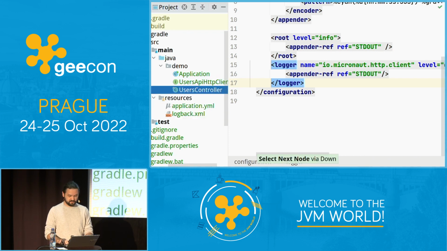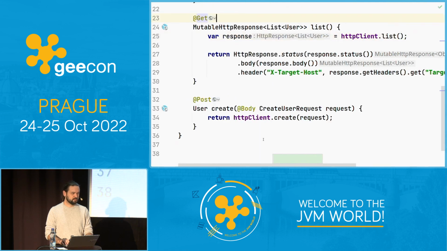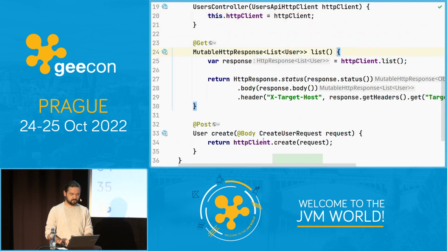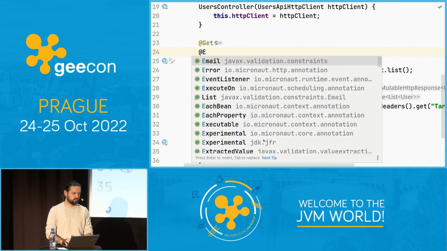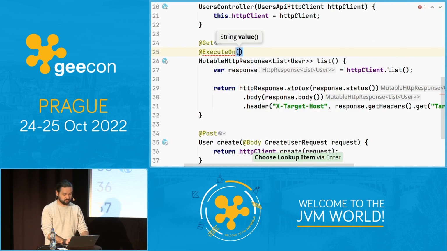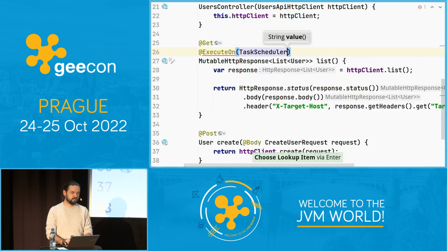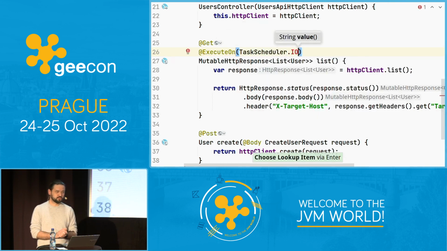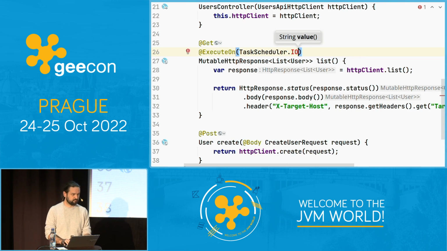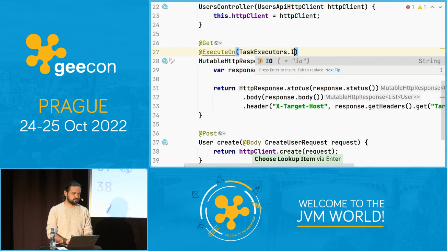The first thing we can do is add the executes on annotation to our controller action, and here I can specify on which thread pool this action should be performed. Task executors, not scheduler, of course.